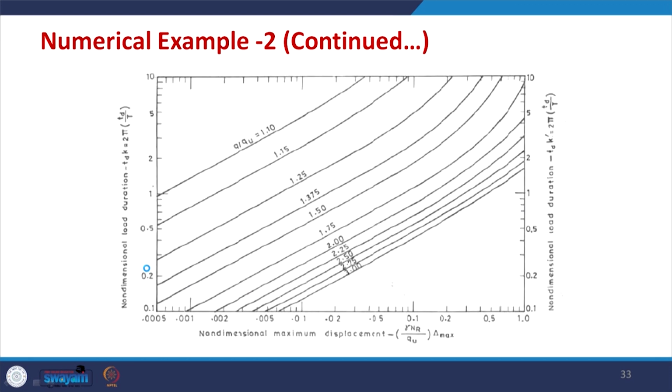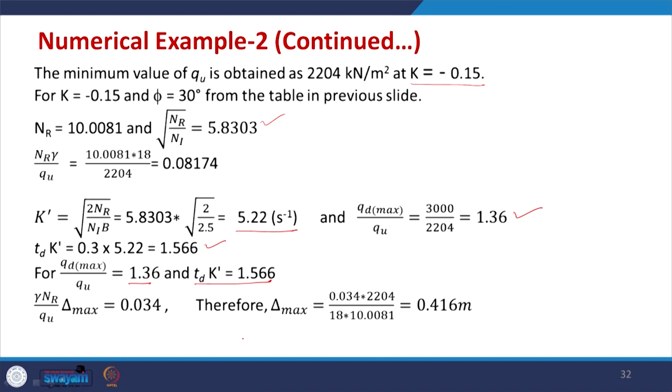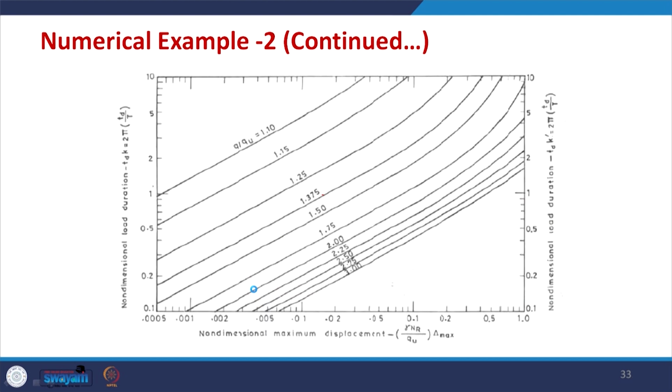So, you need to select the curve for 1.36, that means roughly this curve, and the value of this factor TDK is 1.566. So, you select 1.566, and from this chart, it will be somewhere here, and then you get this curve.